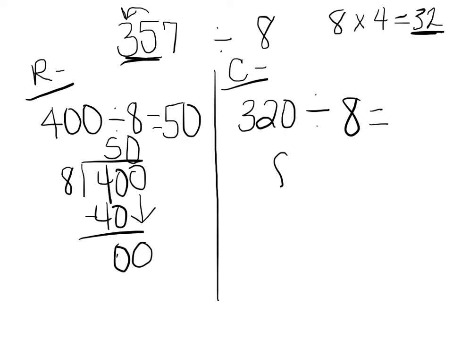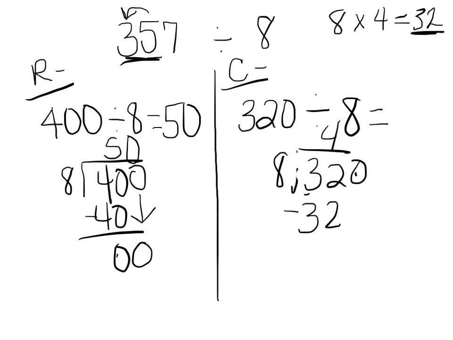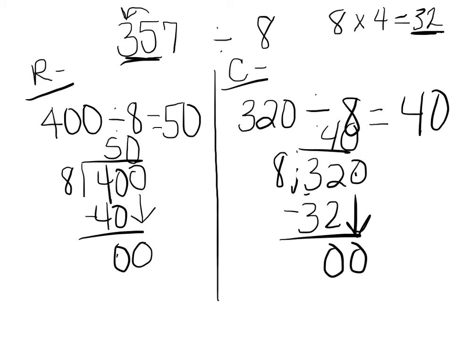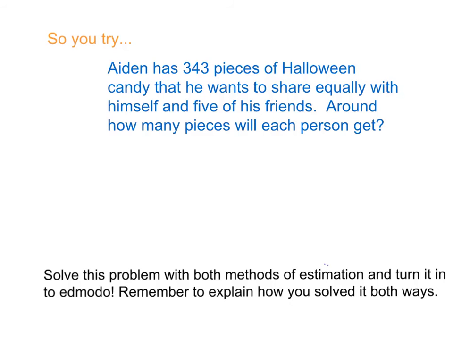What will I get if I put it underneath the house and use mental math? I have 8 into 320. That goes 4 times. Subtract, I get 0. Bring down the 0. 8 goes into 0 zero times, 40. The quotient is 40.